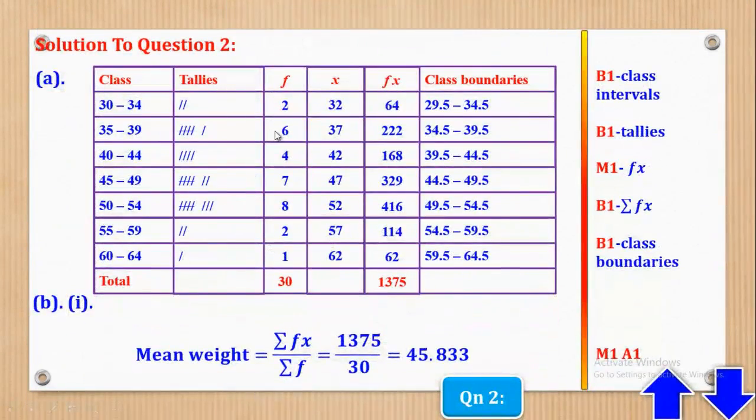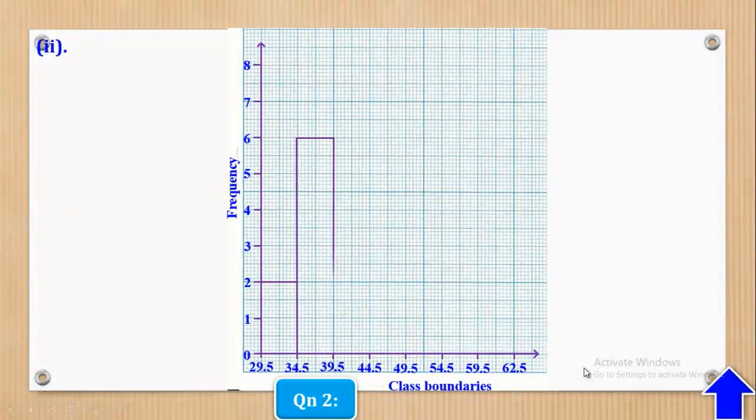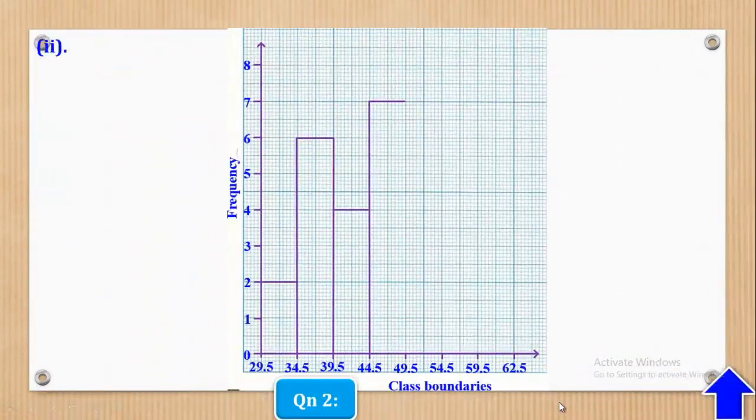Now from 6 we go to 4, followed by 7, so we draw 4, then 7. Now from 7 we shall go to 8, followed by 2, and lastly 1. So we shall draw 8, then 8 is followed by 2, and lastly 1.